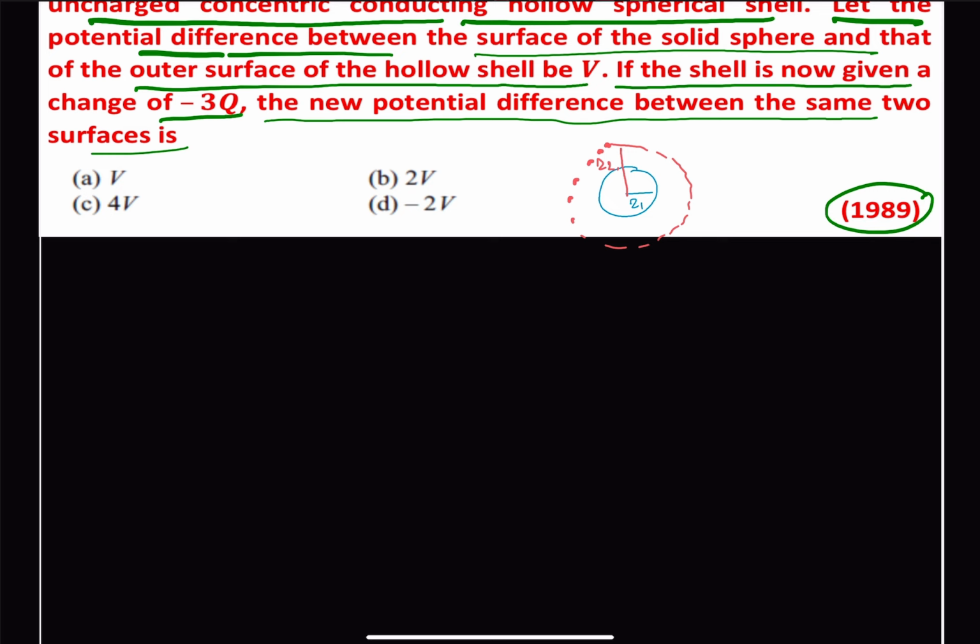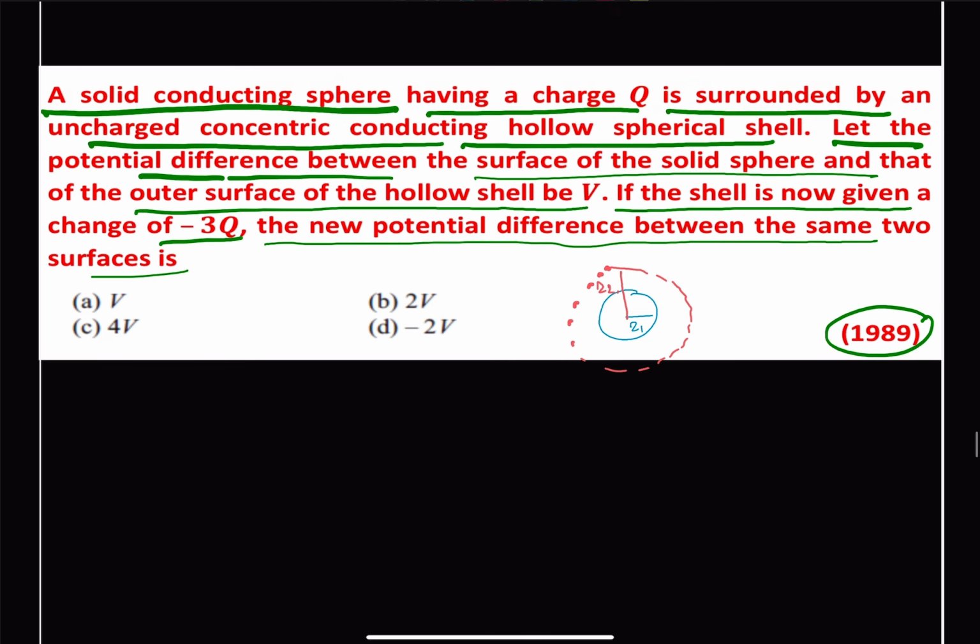And we have to find out what will be the potential difference before and after. Before means when there is a charge only on the sphere, that is capital Q, and later on the shell is also given a charge of minus 3Q. So we have to find out how the potential difference is going to change.